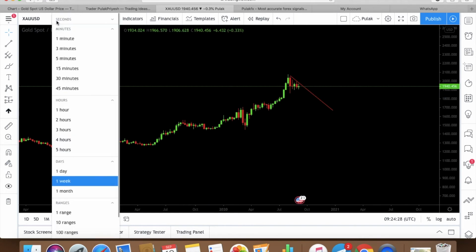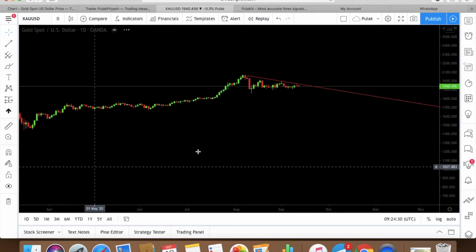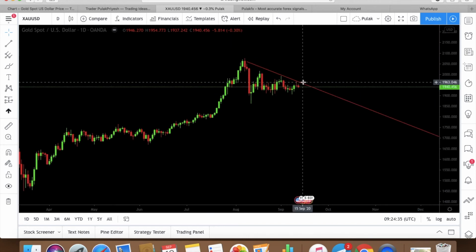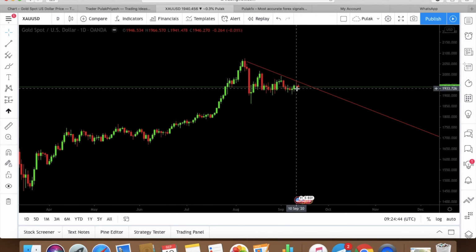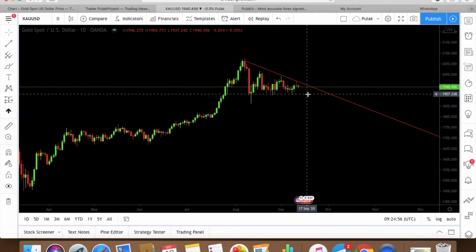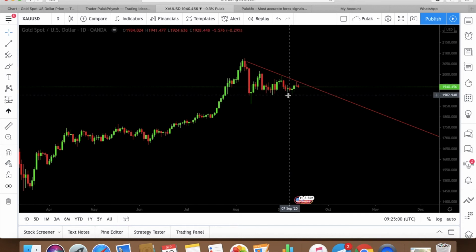Now on the daily candle, see the same thing here. As long as it is not crossing the 1964 level decisively, as long as it is not crossing this high of 1966.570, which it made on 10 September, it should remain on the downside, and the potential downside target will be 1907, the major support from where it has reversed back.